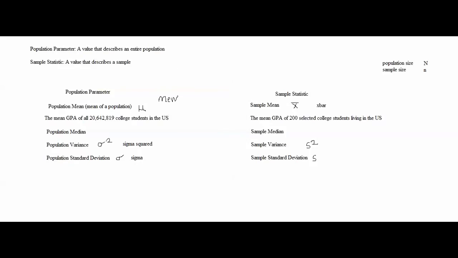For example, a person who's calculating this sample statistic right here is doing that to estimate what this population parameter over here equals. So the sample statistic estimates the population parameter, and that's just because, like we said, the purpose of collecting data from a sample is to learn about the entire population. And the sample statistic won't be exactly equal to the population parameter, but hopefully it'll be close enough to at least give us a rough idea of what it equals.